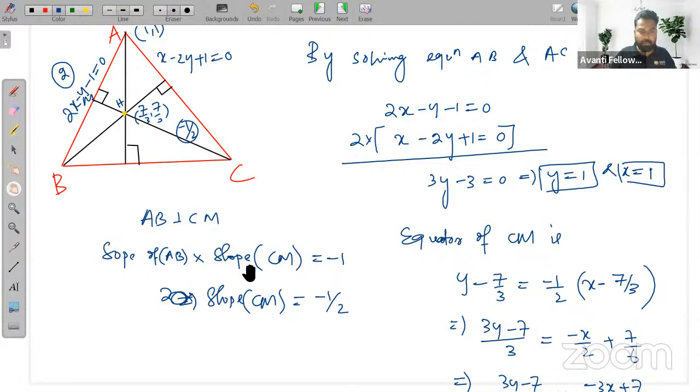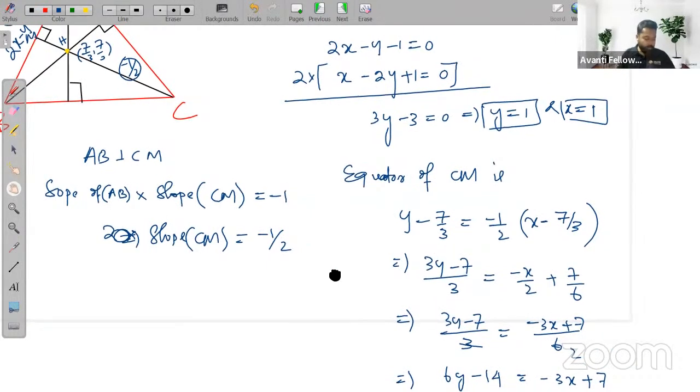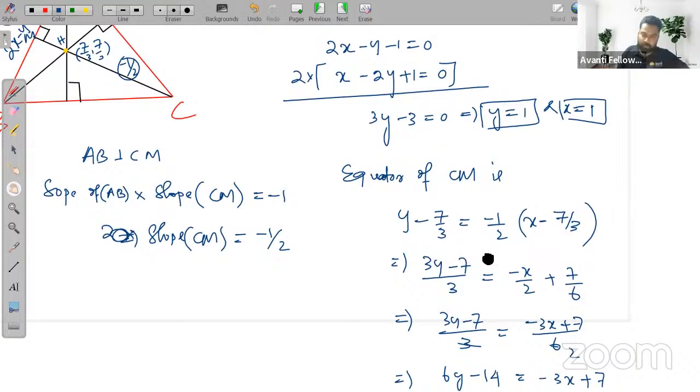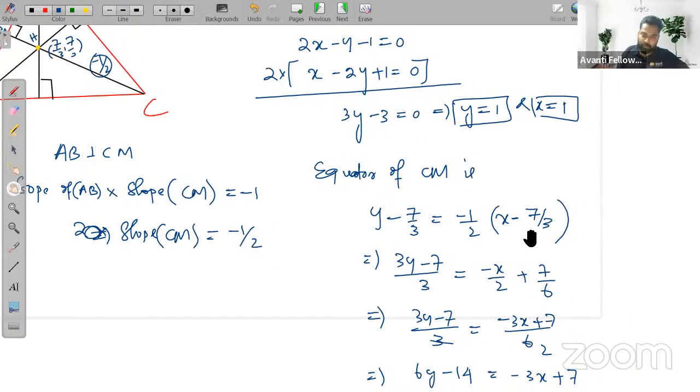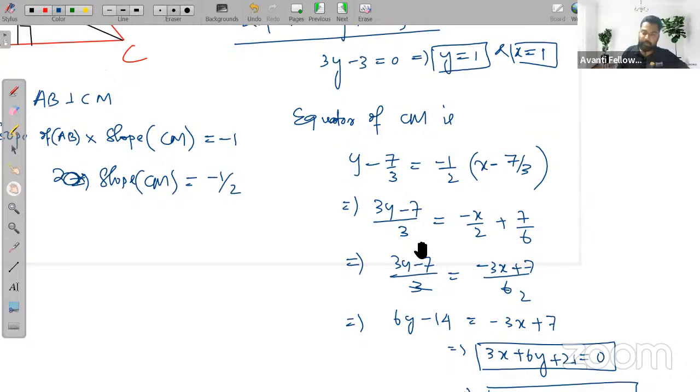Clear? So the slope of CM will be minus 1 upon 2. So y minus 7 by 3 is equal to minus 1 by 2 into x minus 7 by 3. Then 3y minus 7 by 3.